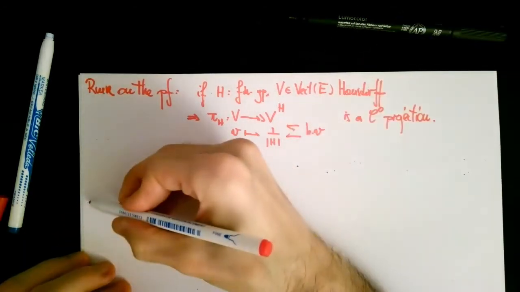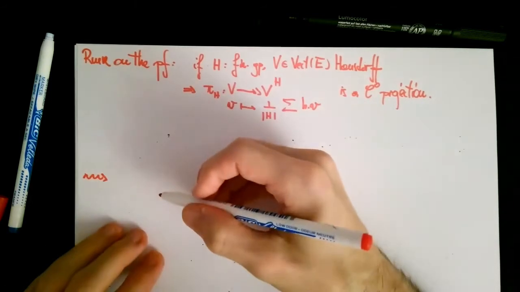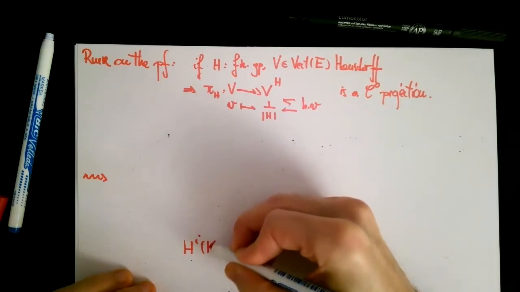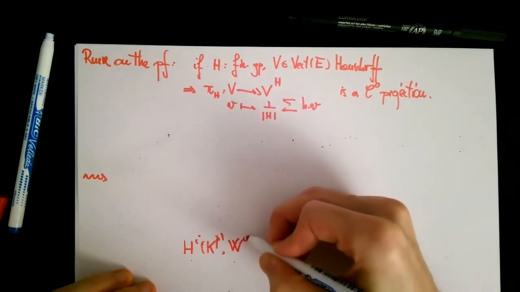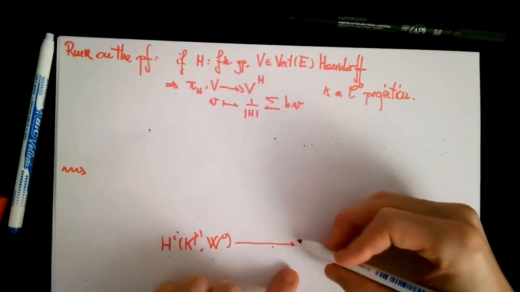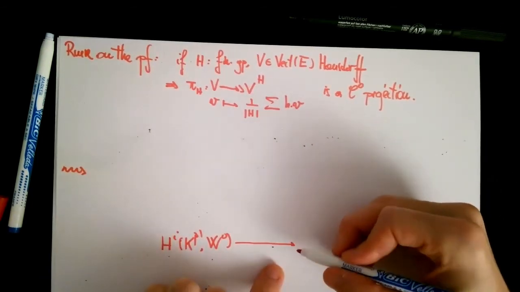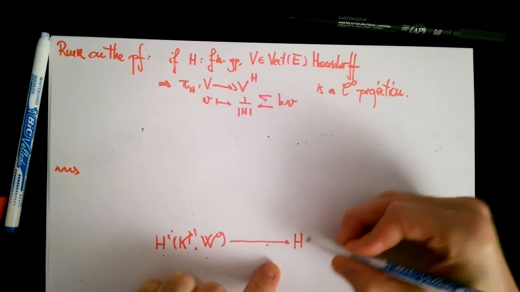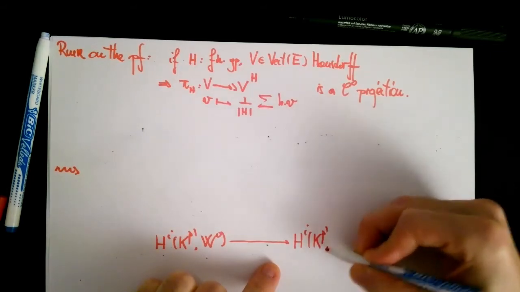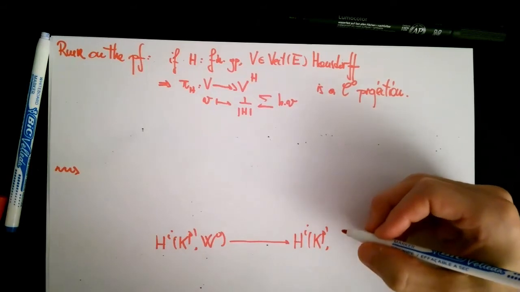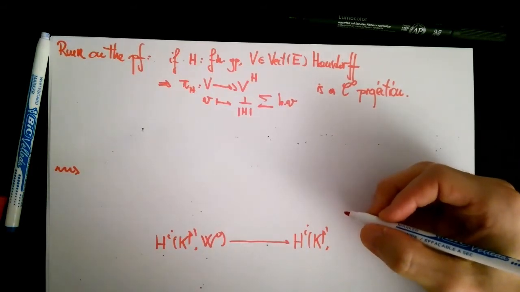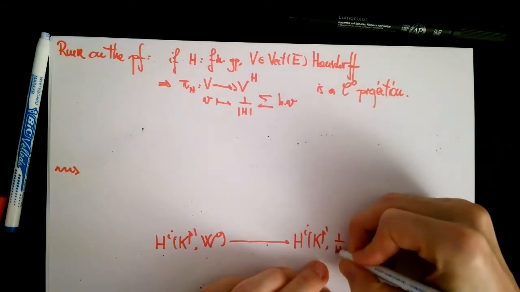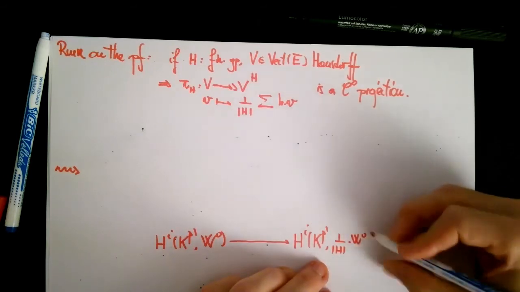So we want to apply this lemma to the following situation. We have to be very careful because now we have integral structures. So here we have H^i K^p prime W naught. Here, first of all, I have to multiply by 1 over H, which now is the quotient group K^p mod K^p prime.